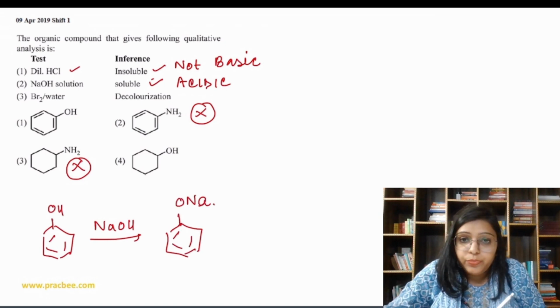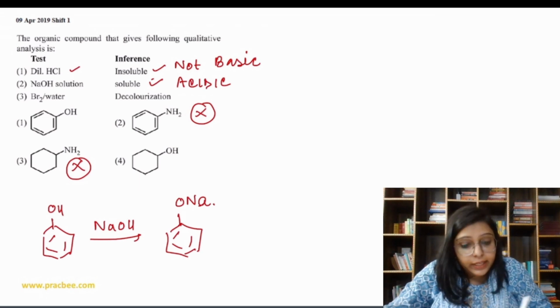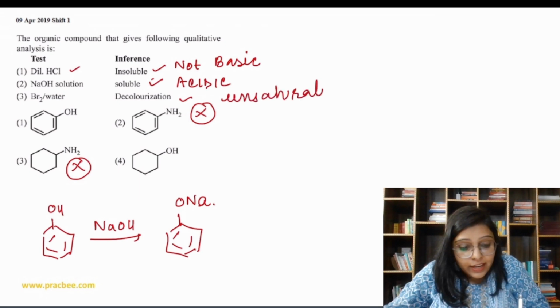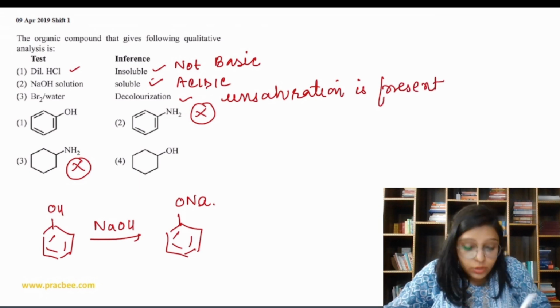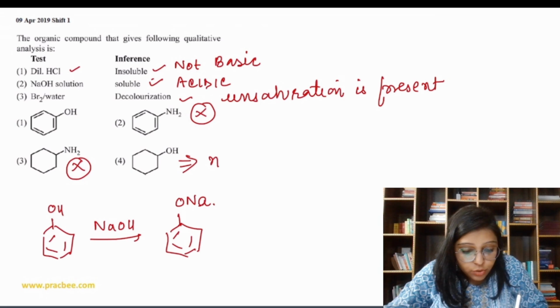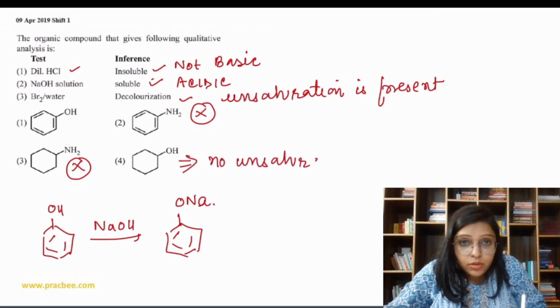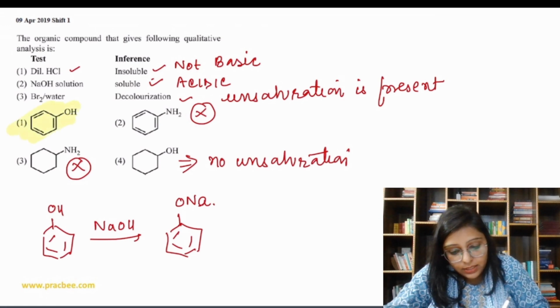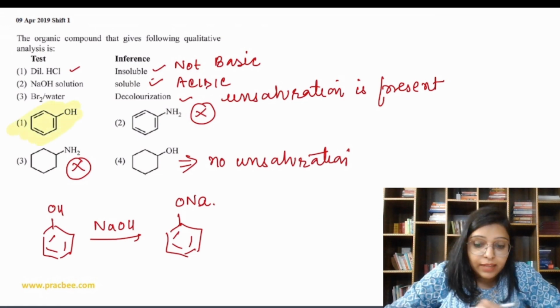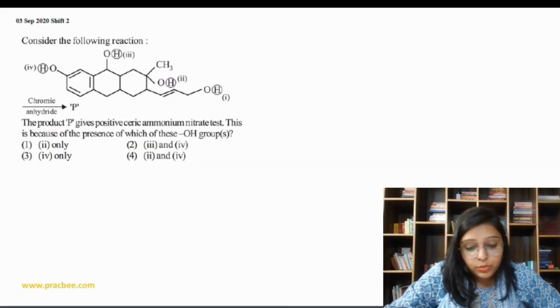Clear? Then Br2 water decolorization. It means unsaturation is also present. So we have only two options, 1 and 4. In the 4th, there is no unsaturation. So option 1 is going to be the correct answer. Clear? That's it. Now moving on to the next question.